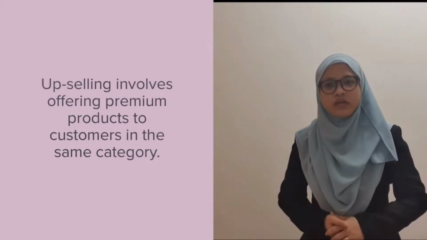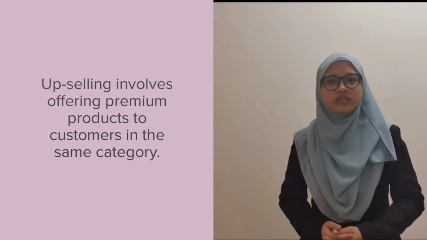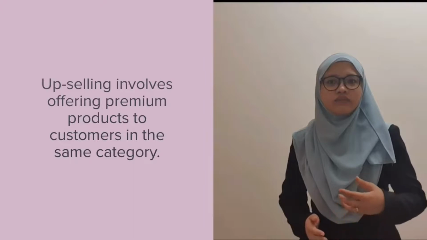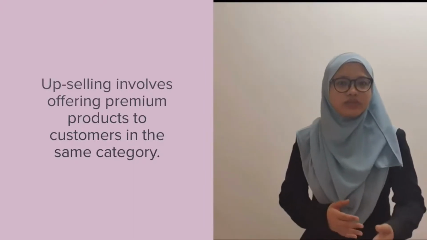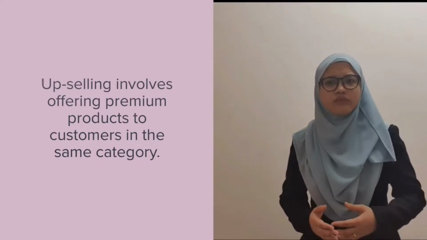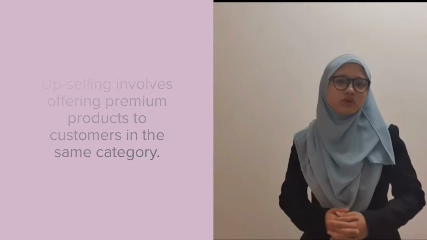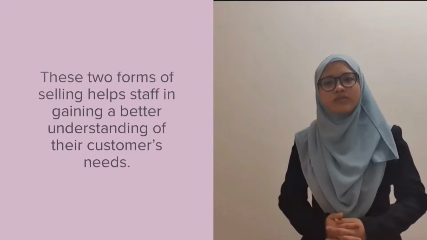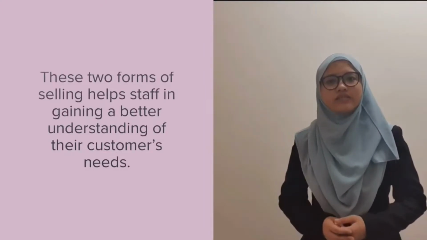For example, a customer is buying a new smartphone. The salesperson learned they use their phone to take pictures of their family events and outings. So they suggest a phone with a higher-end camera and more storage space than the customer was originally considering. These two forms of selling help staff gain a better understanding of their customers' needs.